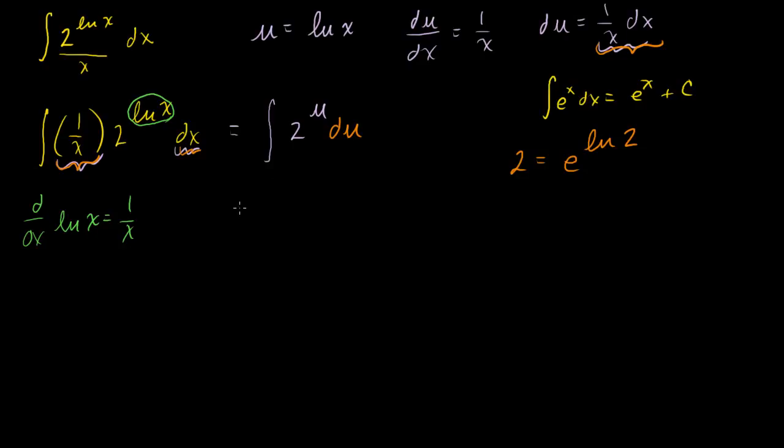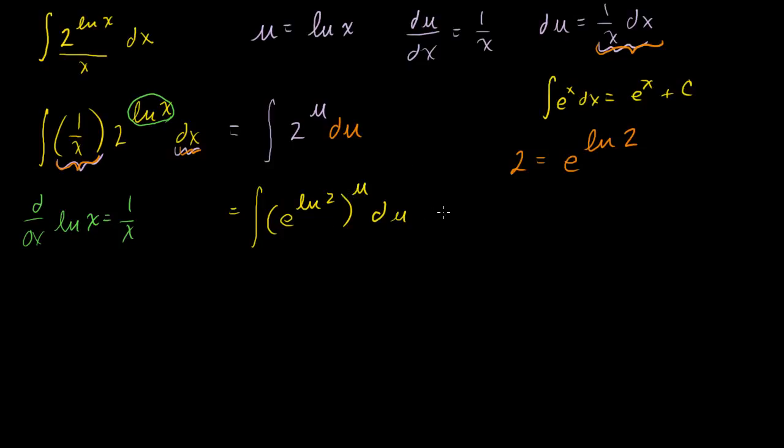So this will be equal to, instead of writing the number 2, I could write e to the natural log of 2, and all of that to the u, du. And now what is this equal to? Well, if I take something to an exponent and then to another exponent, this is the same thing as taking my base to the product of those exponents.